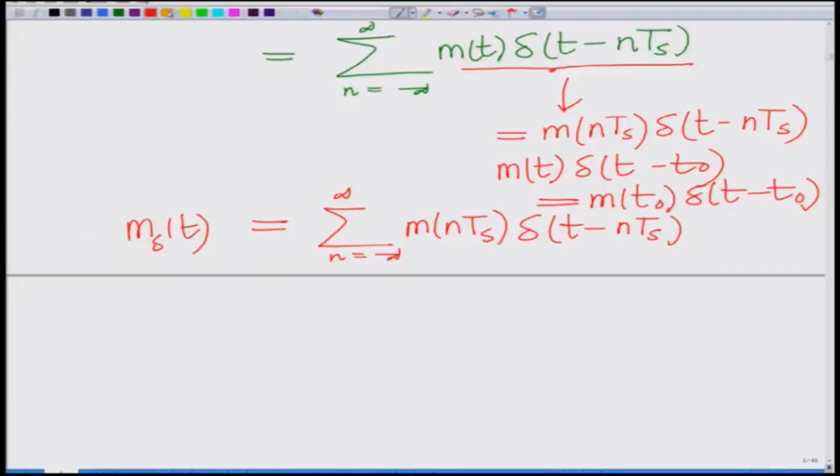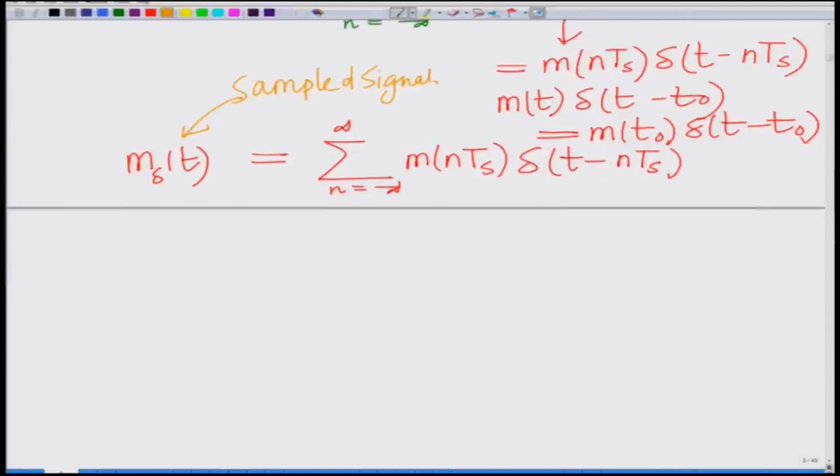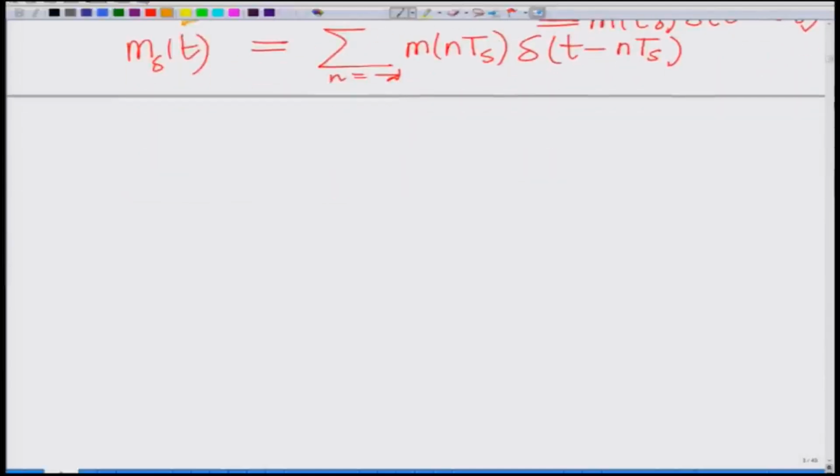This is basically your sampled signal. So, your sampled signal is summation n equal to minus infinity to infinity m of n Ts into delta t minus n Ts, and what we are doing is very clear.